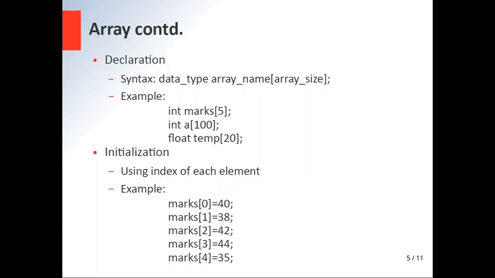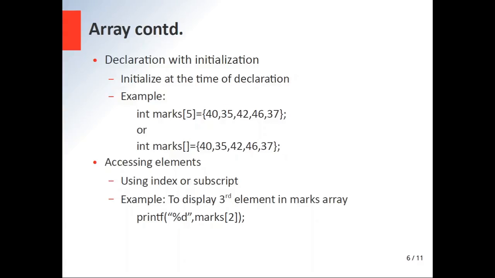So this assigns value 40 to position 0 of the marks array. marks[1] = 38. So this assigns the value as the second element in the marks array. And we can also initialize the C array at the time of declaration.